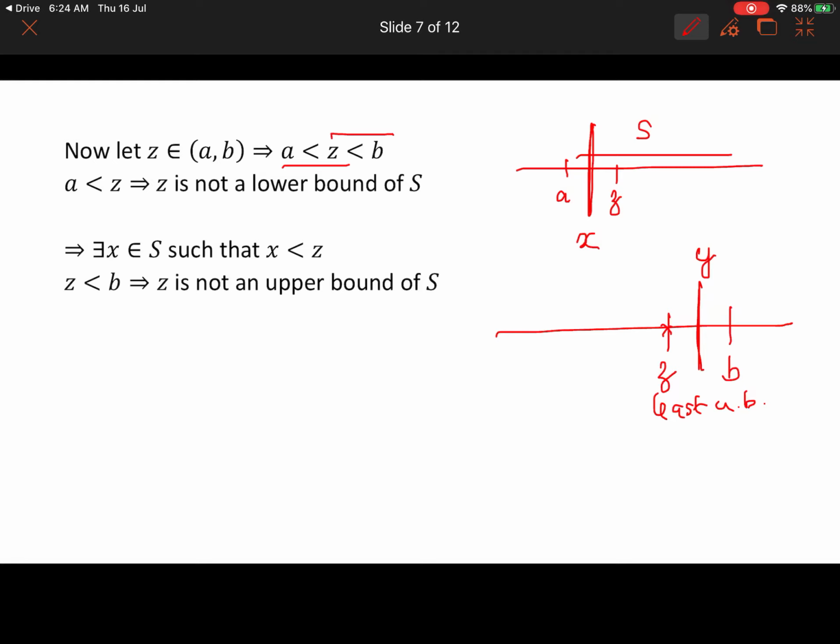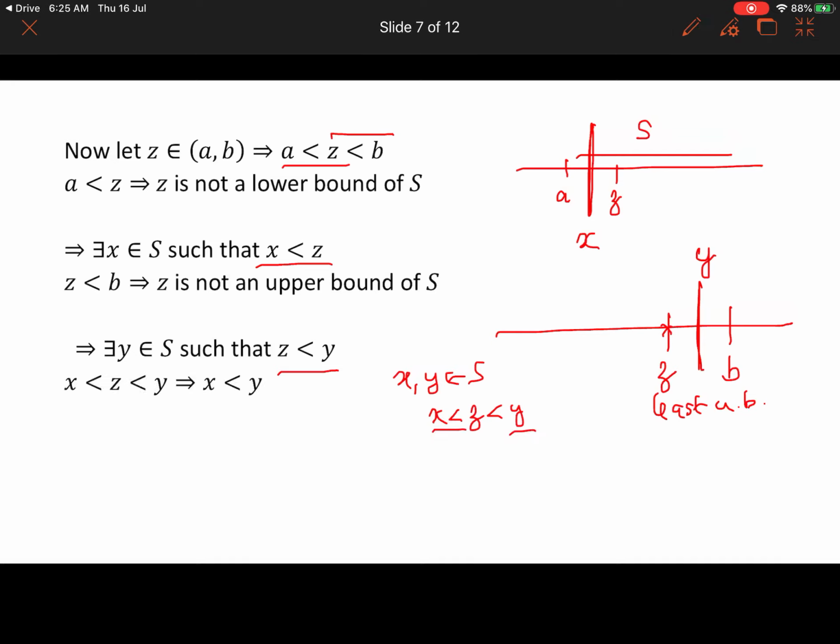I will call this Y, and this Y is greater than Z. So there exists Y element of S such that Z less than Y. So here I have X less than Z, here I have Z less than Y, and both X and Y belong to S. X, Y both are in S, and X less than Z and Z less than Y. So we have X less than Y.